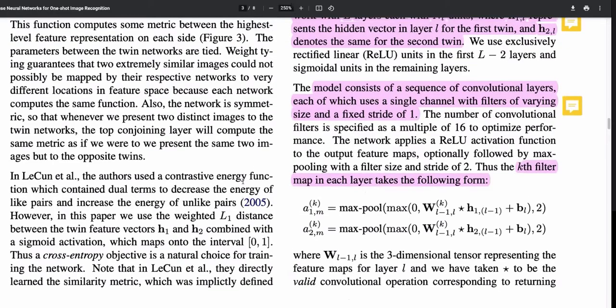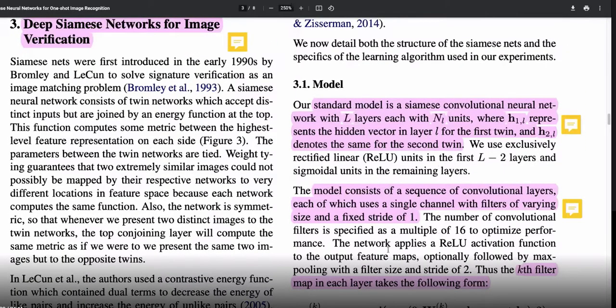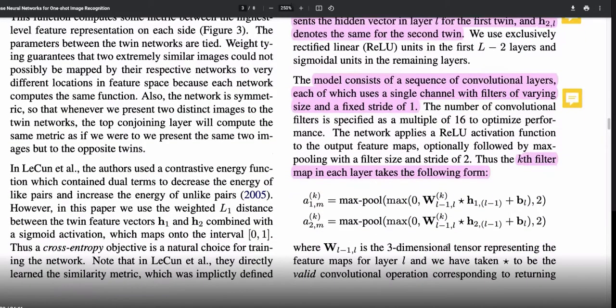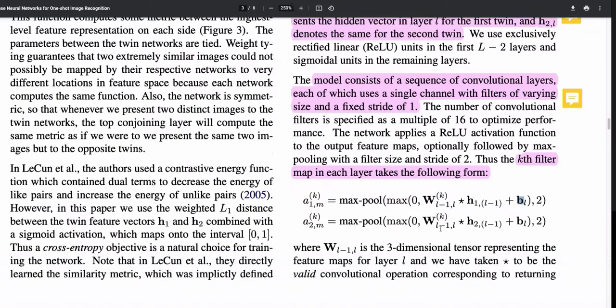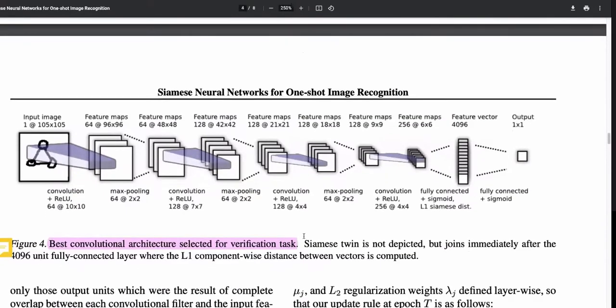So these are standard. This is the model, with a rectified linear unit as the activation function. These are standard weights multiplied by the hidden layers plus the bias. And they use a filter and stride. So this is their convolution layer, and it is repeated on the two sides.